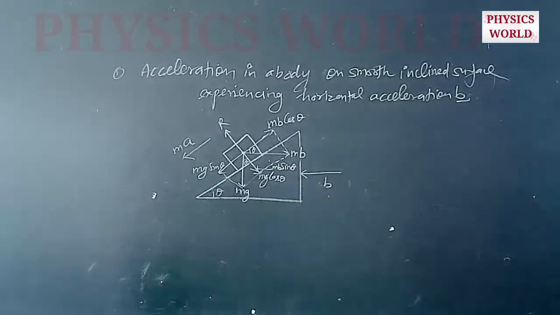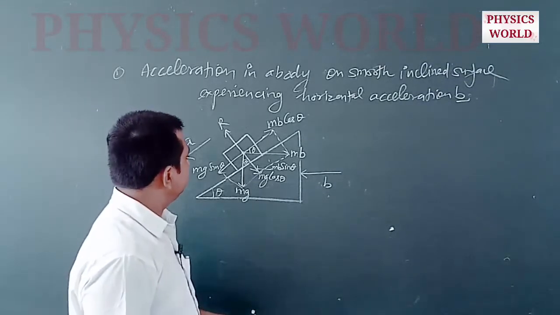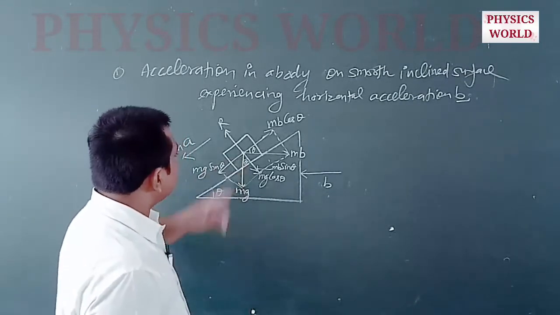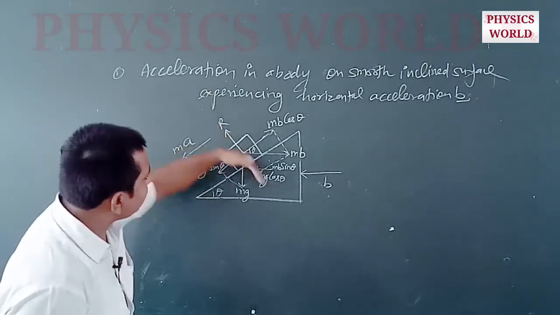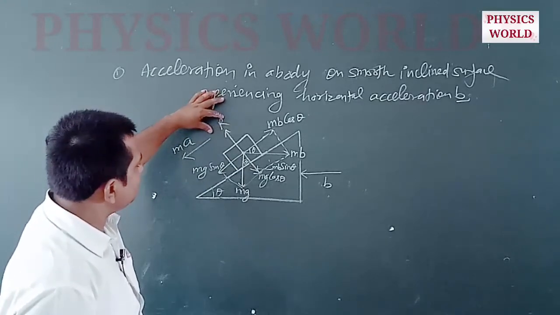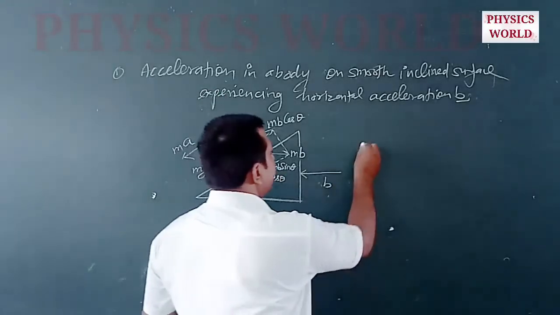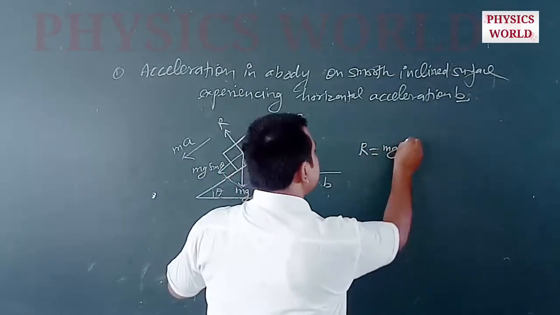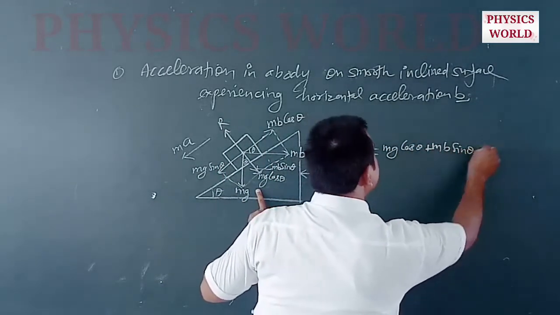Okay, so what will happen here? As we are seeing, the total normal reaction force R is balanced by mg cos theta plus mb sin theta. So R is equal to mg cos theta plus mb sin theta.